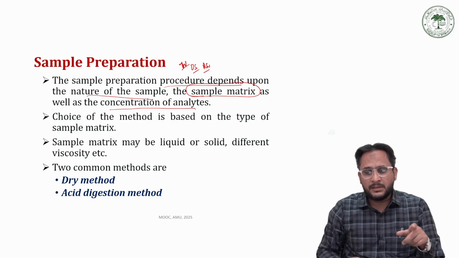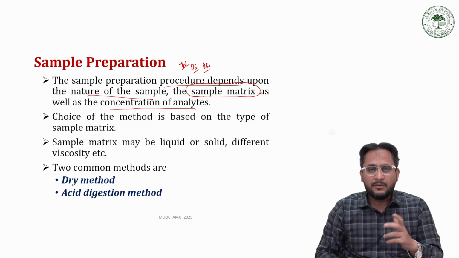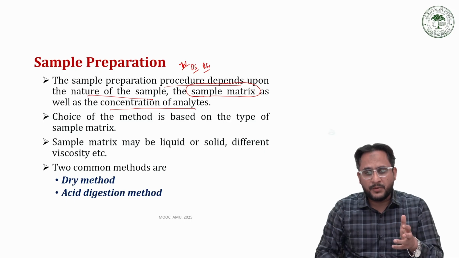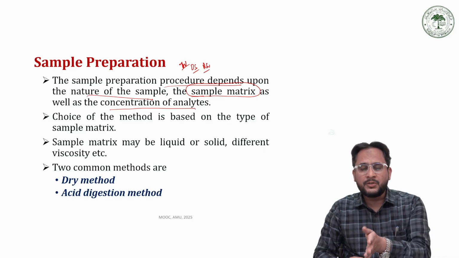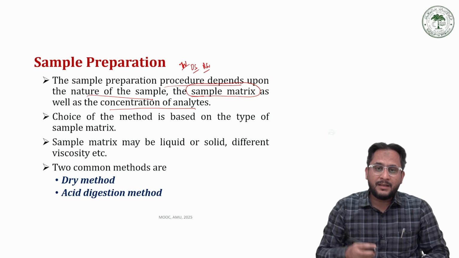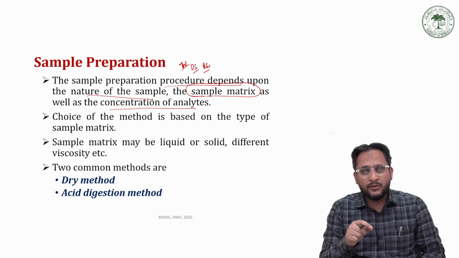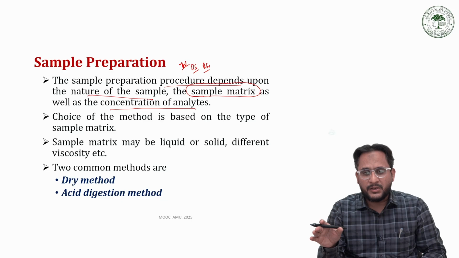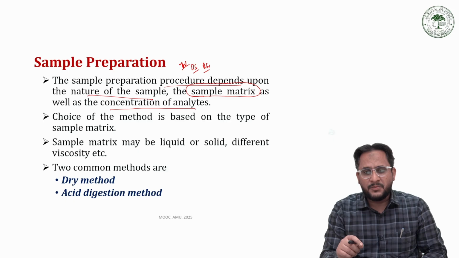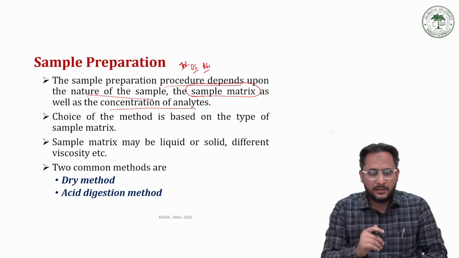So for those metals it is quite difficult to perform a precise analysis with the help of atomic absorption spectroscopy. Therefore we have no option but to go for AES, and even for AES, for these metals we cannot go for direct aspiration because they require very high temperature, and they can only be analyzed with the help of an ICP connected with an OES or an AES technique.